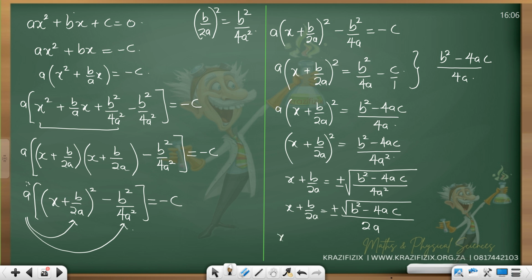Move that over, minus b over 2a plus or minus square root of what? B squared minus 4ac. Because they have the same denominator, what's our final answer? X equals to minus b plus or minus square root of b squared.